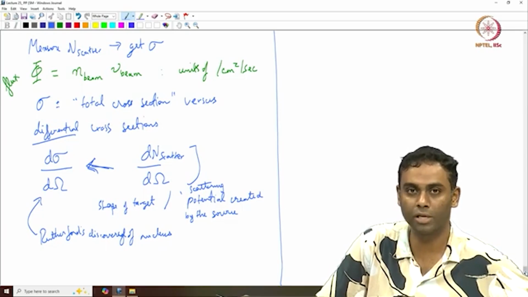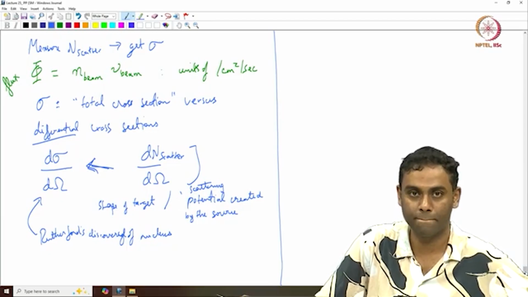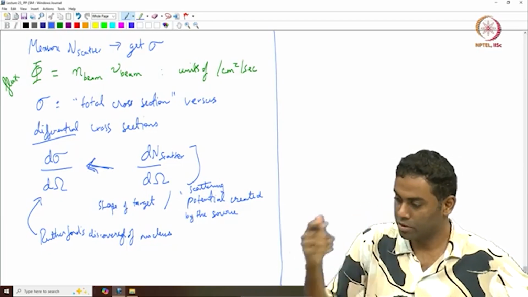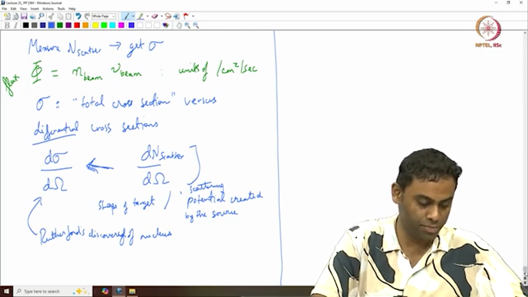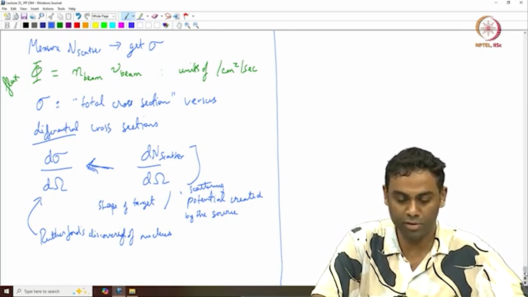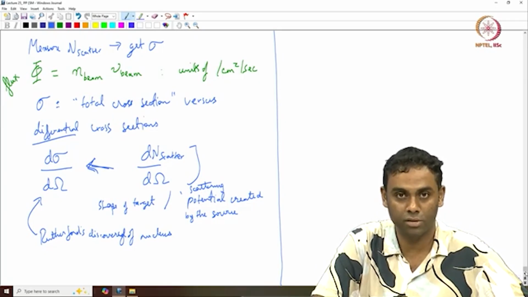Right? So this is how he was able to guess that the nucleus was mostly positively charged and all that. Okay. So that's the beauty of these scattering experiments. You can figure out a lot about the unknown target or even the beam by studying these differential cross sections.